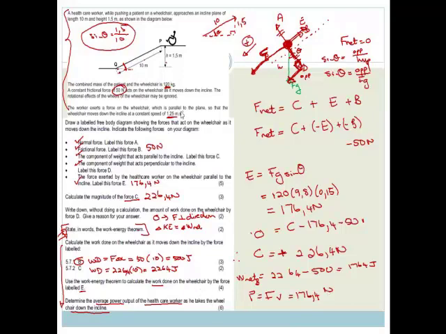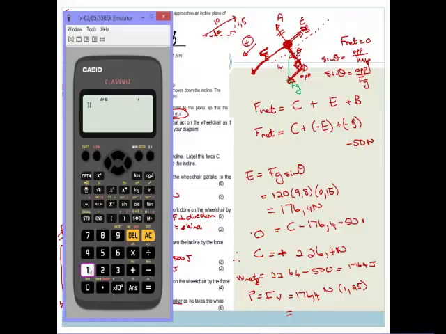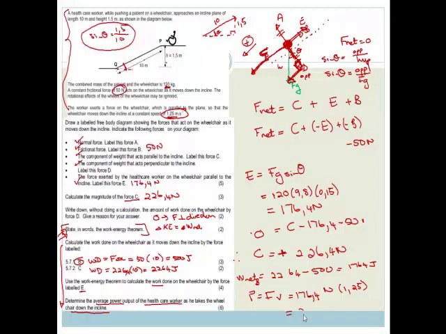The velocity of the healthcare worker is 1.25. So then we can multiply those. Let's use the calculator. 176.4 times 1.25 is 220.5, and it is measured in watts.